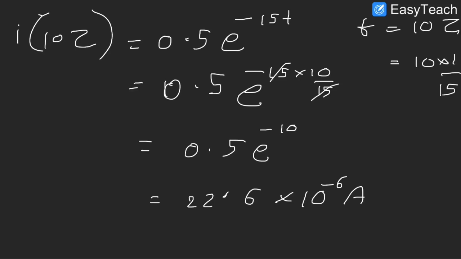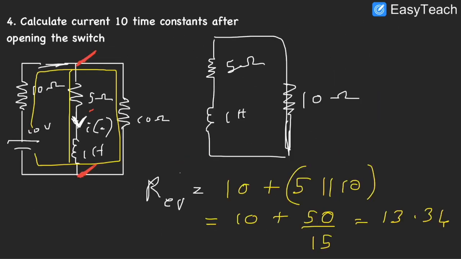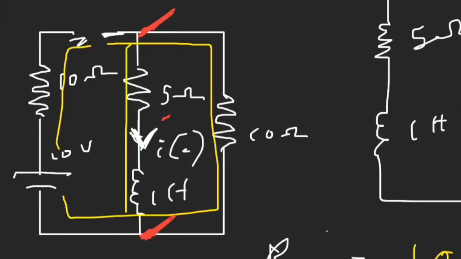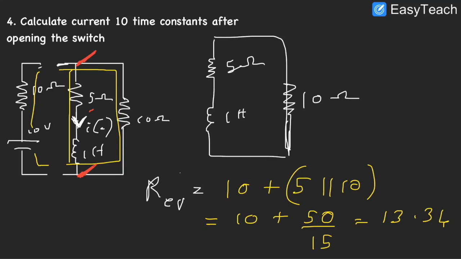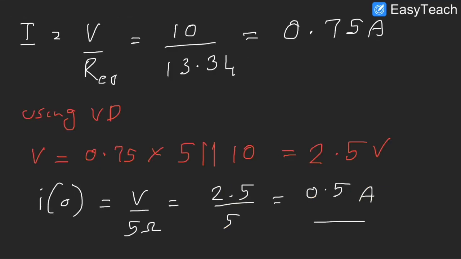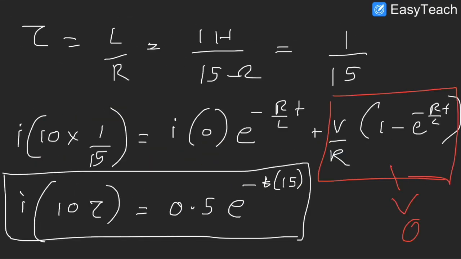So what this means is once this switch opens right here, this entire branch does not belong to the circuit. If there was no inductor, the current would just drop straight away to 0. But because there's an inductor, there's going to be some current flowing, and the inductor resists the change in current.